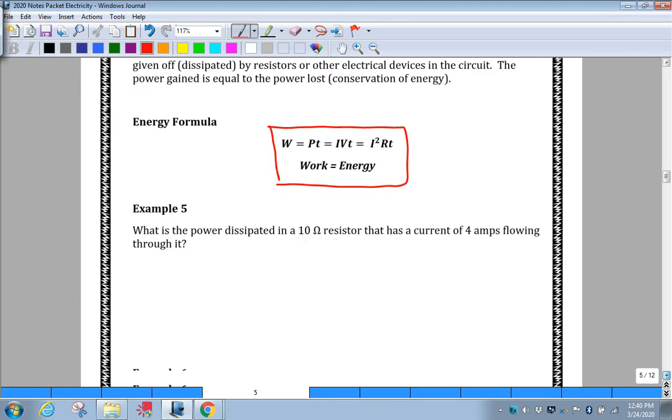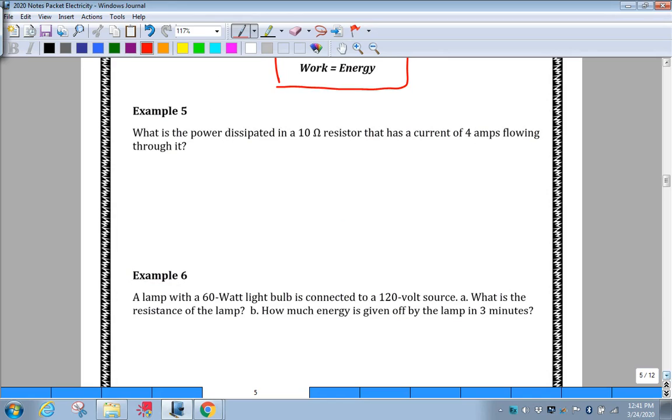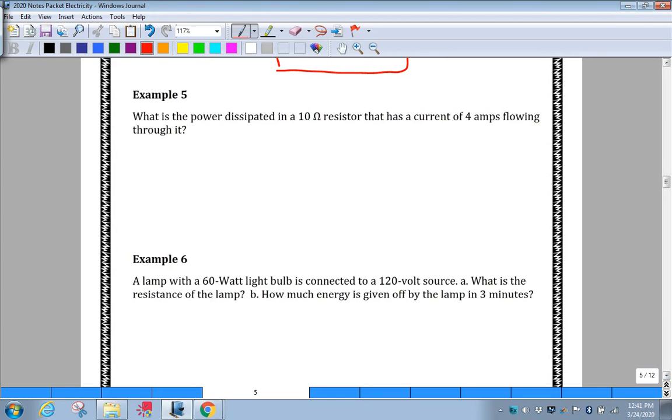All right, so let's give a couple of these examples a try. Have your calculators ready. And then I want you to try number 6 on your own, but we'll do 5 together. All right, so number 5, it says, what is the power, so that's P, dissipated in a 10 ohm resistor that is connected to a current of 4 amps flowing through it? So you have to go look at your reference table or the previous page to find the best equation that fits.